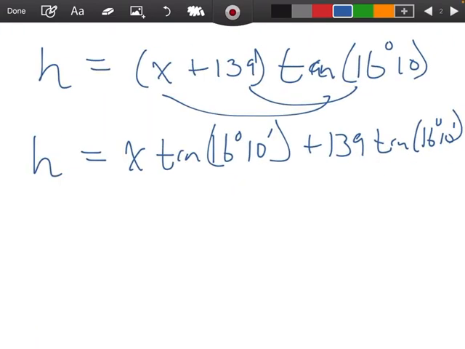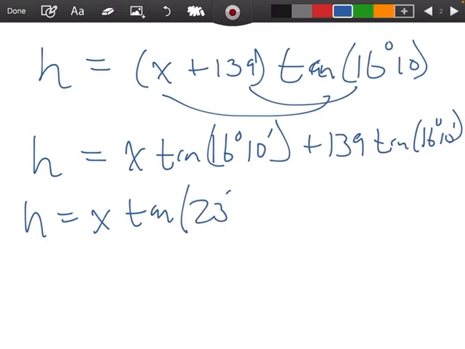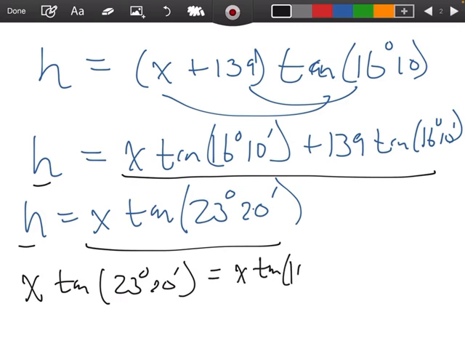So since h is equal to this and h is equal to that, then we can say x tangent of 23 degrees 20 minutes is equal to x tangent of 16 degrees 10 minutes plus 139 tangent 16 degrees 10 minutes.